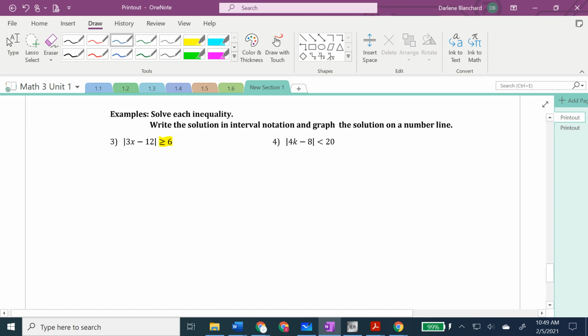This absolute value is greater than the number. This is that or situation. With the or situation, you're going to write down what's in the absolute values and just keep everything as is. Write the word or you can write the union symbol, whichever one you want to use.